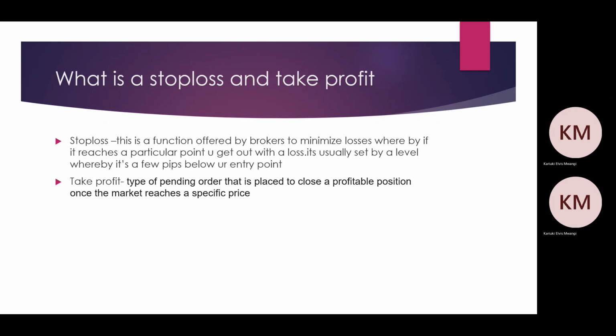This was my problem too. We place big risk. We do not factor in that this trade can go against you. You can be wrong, which is not bad. Being wrong is not bad, but if you're wrong, how much are you willing to lose? That is why the stop loss is there.